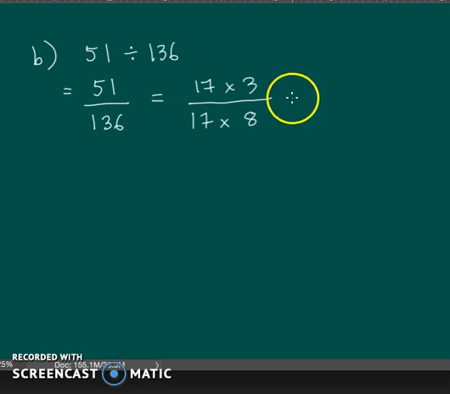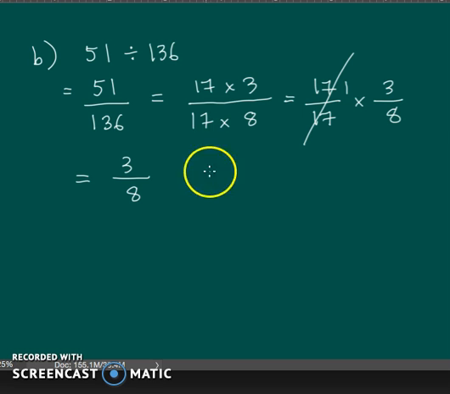Well, there are no other common factors between 3 and 8, so I know that I'm done, and I'm going to rewrite this as 17 over 17 times 3 over 8. 17 over 17 will simplify to just 1, and I will be left with 3 over 8.